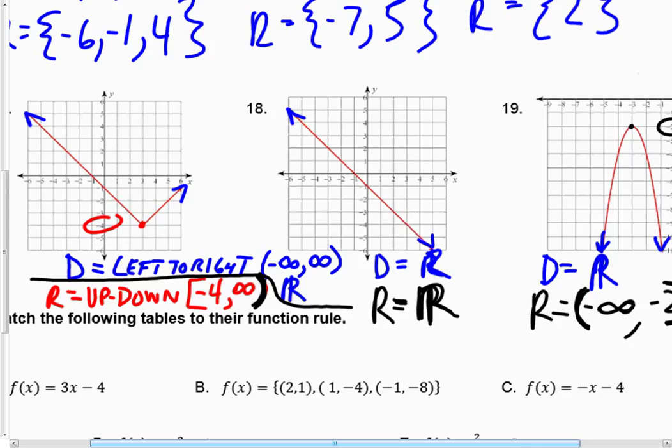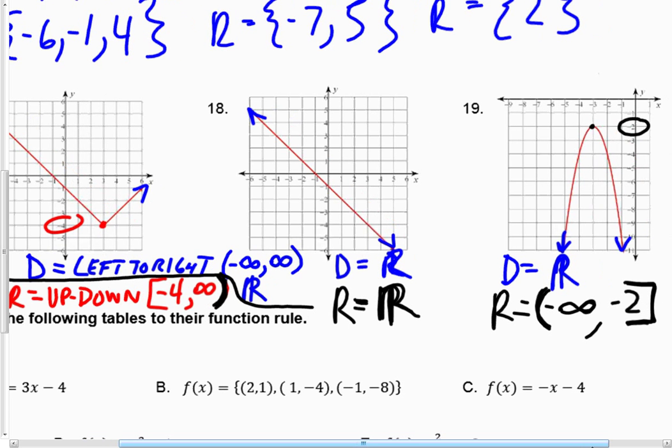For range, you're looking up, down. If you have arrows, that means it's continuous. So I know that this is never going to end. So I got infinity. If I'm coming down, then it's going to stop there. That's why I stopped at -4. Put the smaller number first, the bigger number second. That's a really small number. That's a little bit bigger.